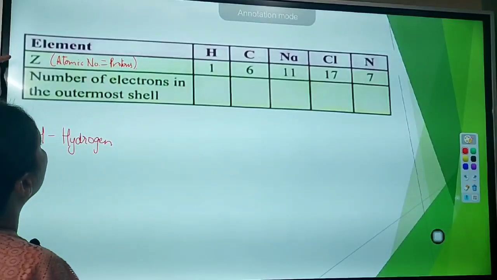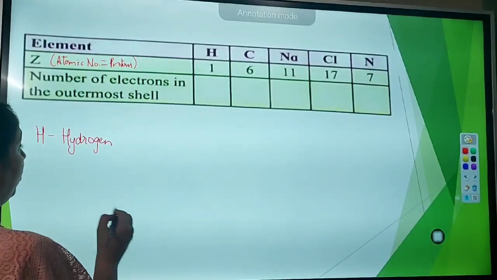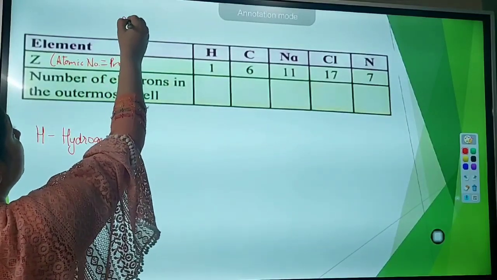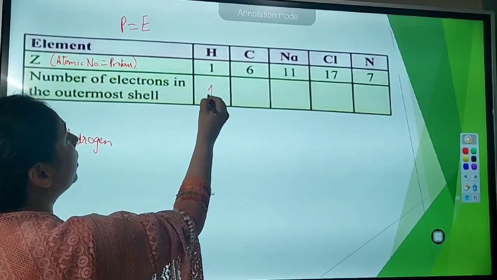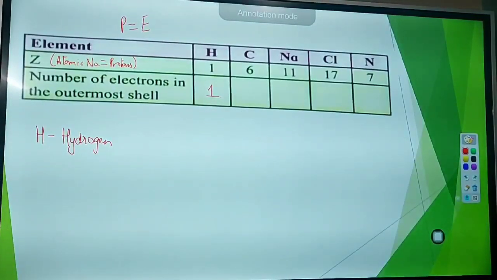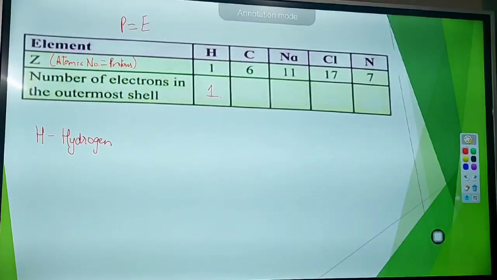Next, the number of electrons in the outermost shell. Number of protons is equal to electrons. So अगर one proton है तो one electron होगा. Outer, inner, anywhere.